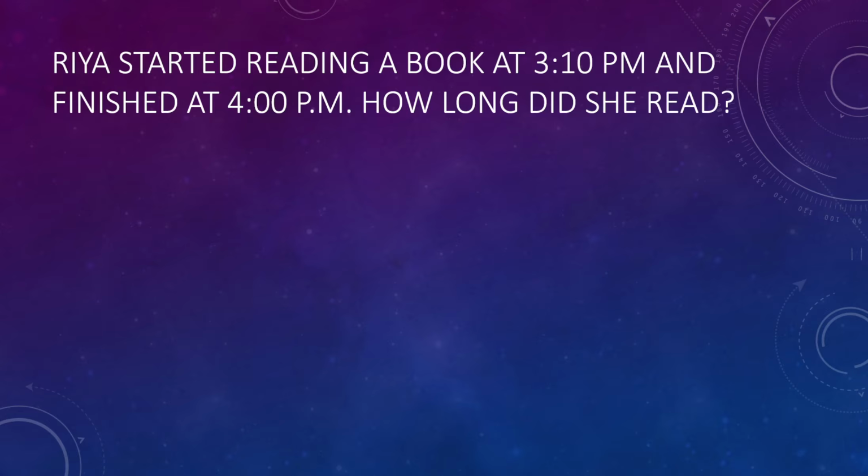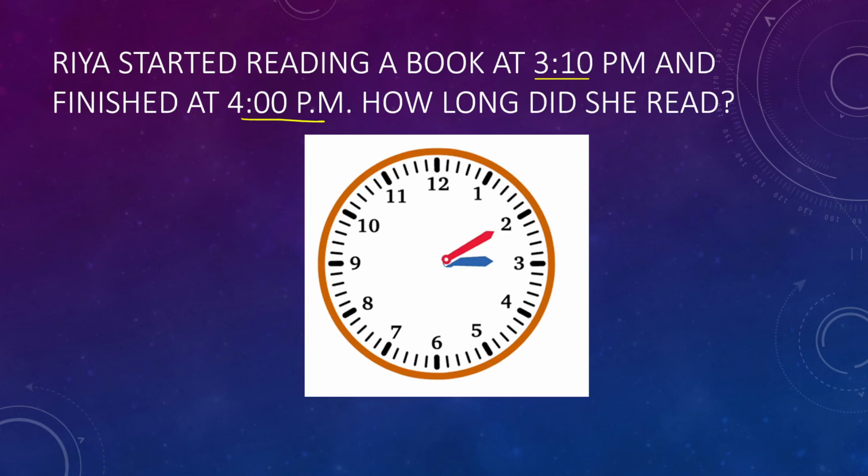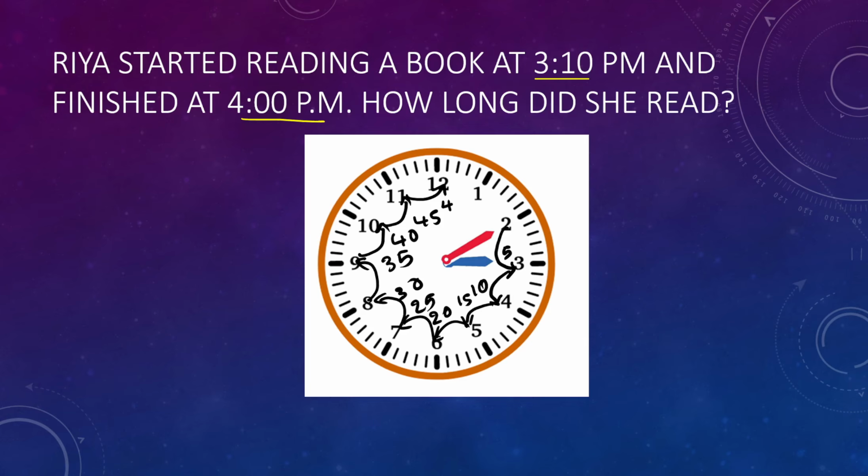Ria started reading a book at 3:10 and finished at 4 p.m. So you can see 3:10 to 4 p.m. You count the number of minutes: 5, 10, 15, 20, 25, 30, 35, 40, 45, 50.